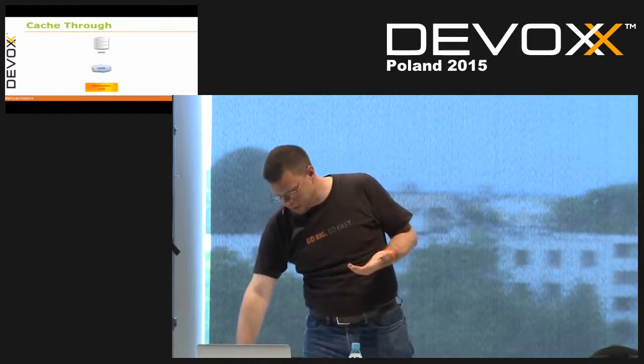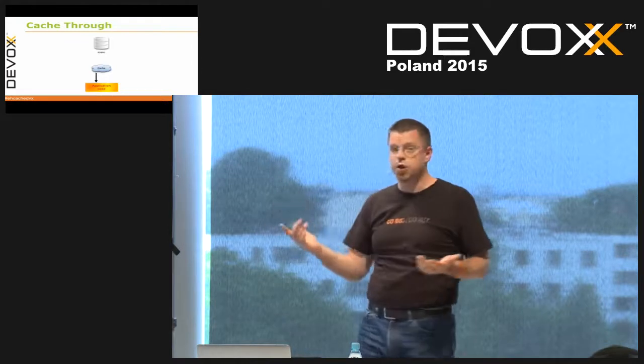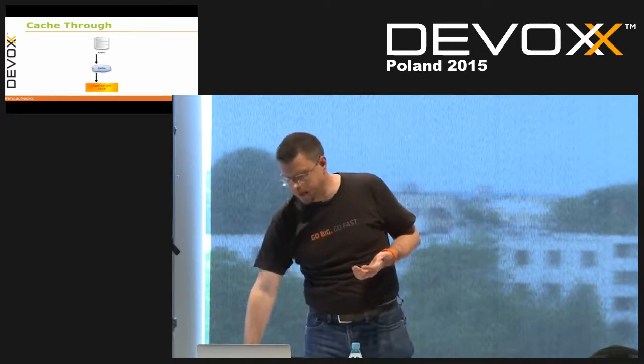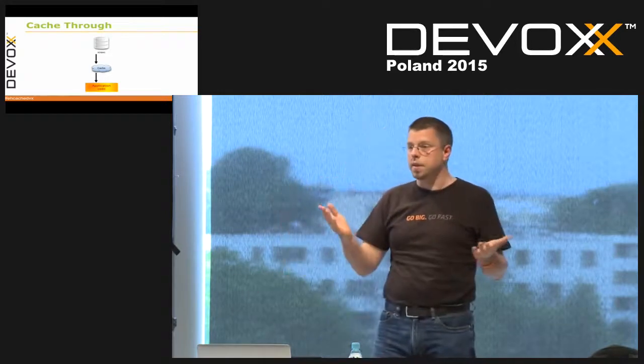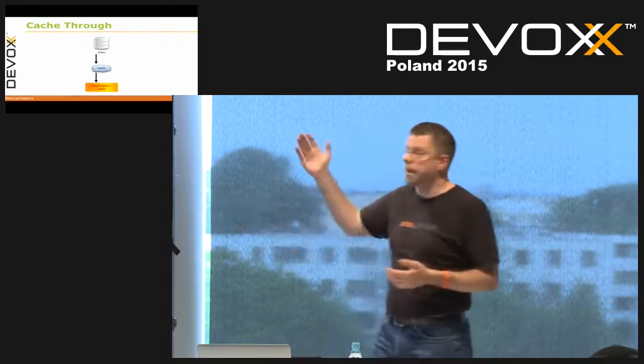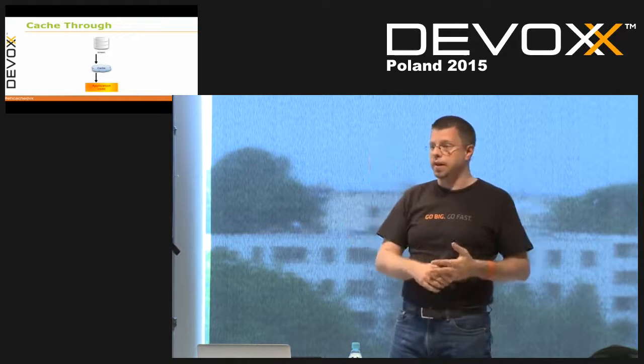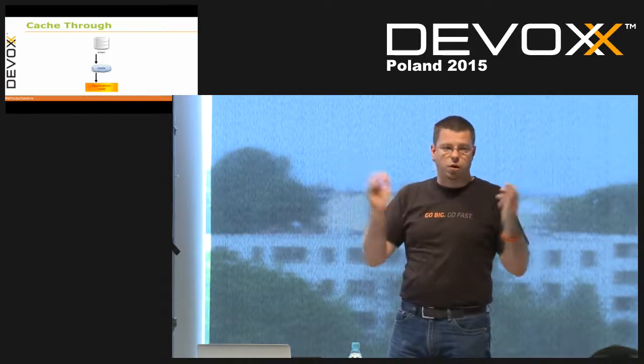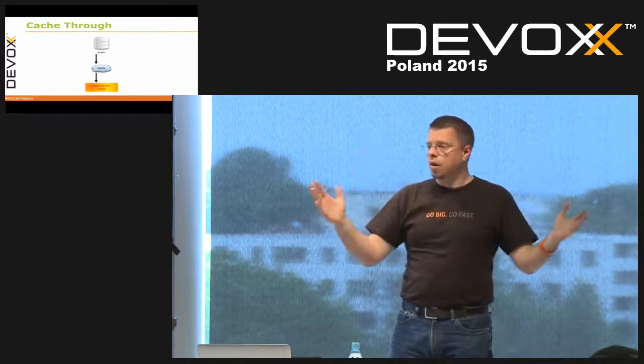So the logic there is pretty easy. I've got application code that asks something from my cache, and the cache says, don't have it. I'm going to go ask the database for the data. I'm using a database, but it could be your web service that has to compute a lot of data, or just a call that ends up returning a large amount of data.